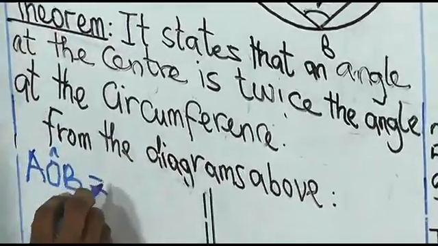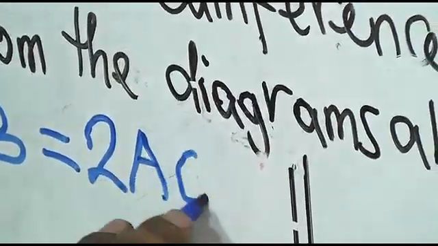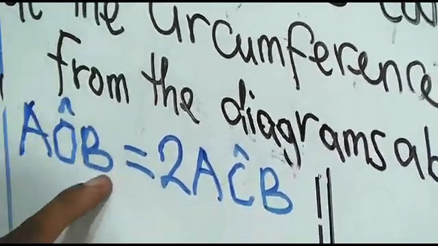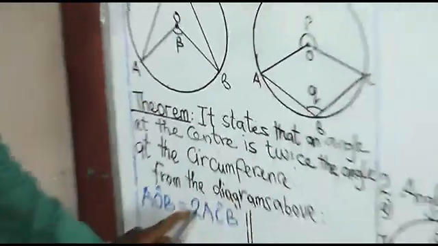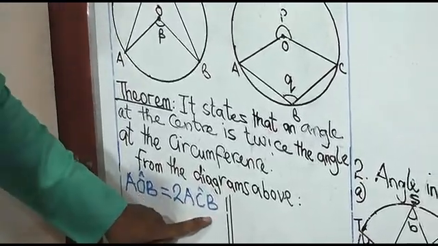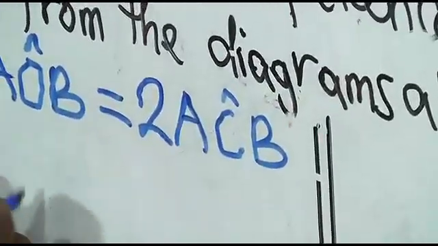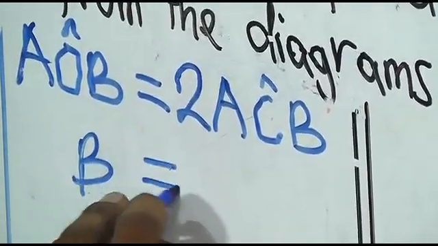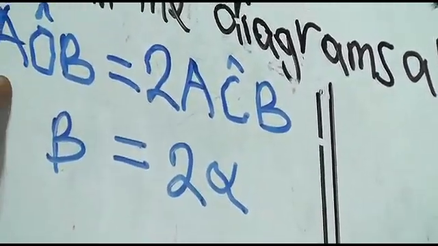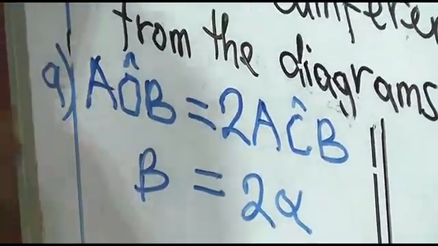Angle AOB, the angle at the center, is equal to 2 of the angle at the circumference. Now, using the letters, beta is equal to 2 of alpha, and that is for A.